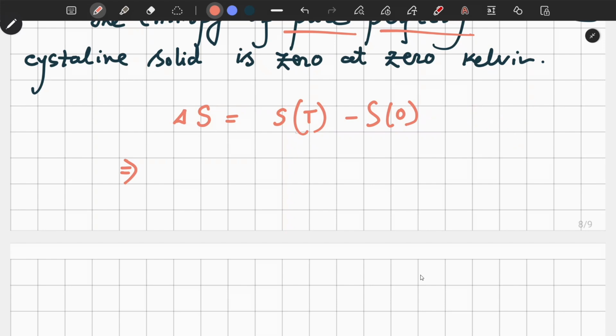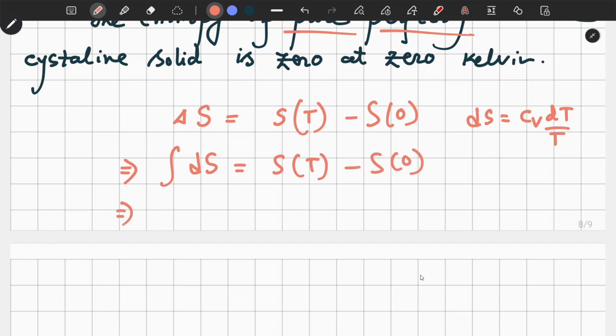So let me clear. Delta S is this, and you know dS is Cv dT by T. So you can write delta S as the integration of dS. Clearly S_T equals S0 plus the integration of Cv dT by T, and this change should be 0 to T. Is it clear?